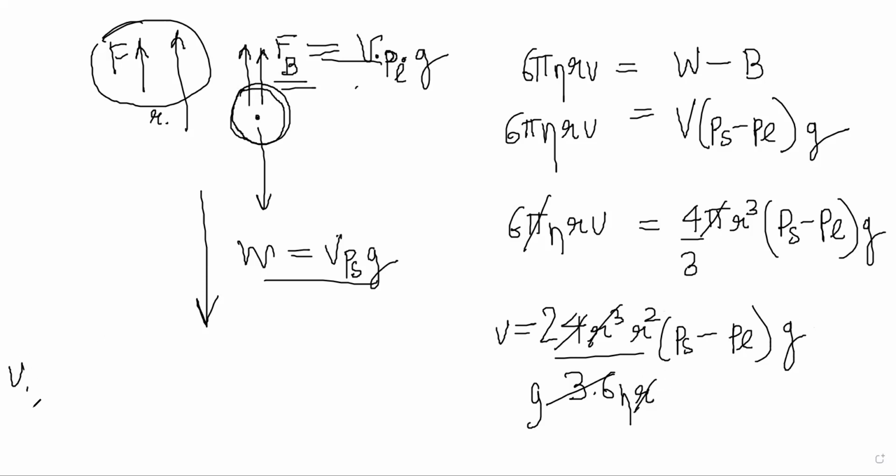So you get terminal velocity is 2 by 9 r square (rho s minus rho l) G by eta.